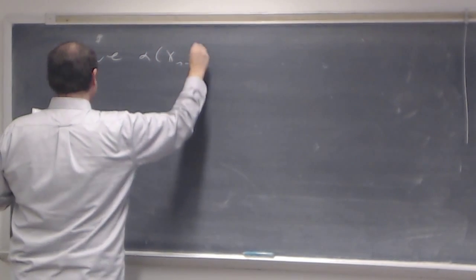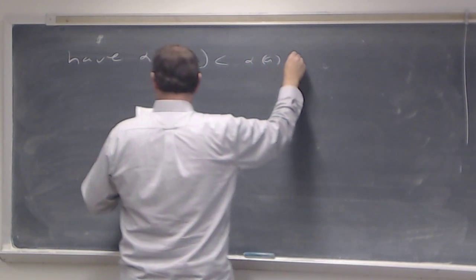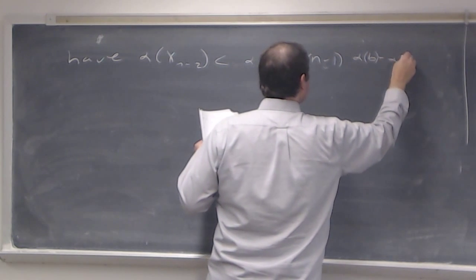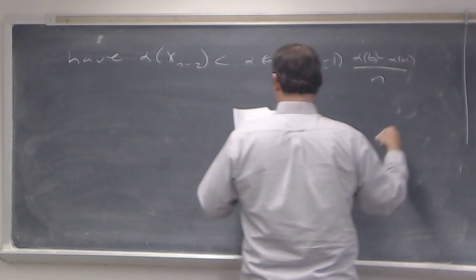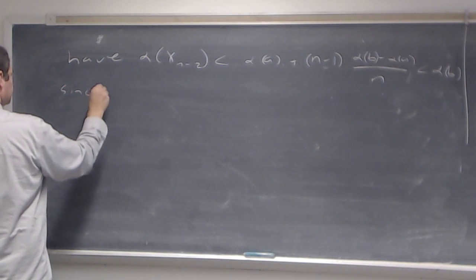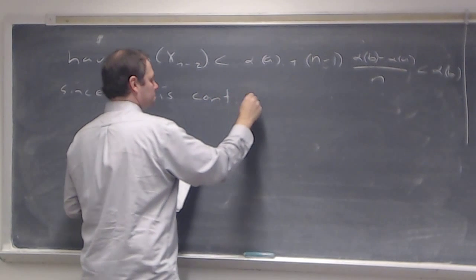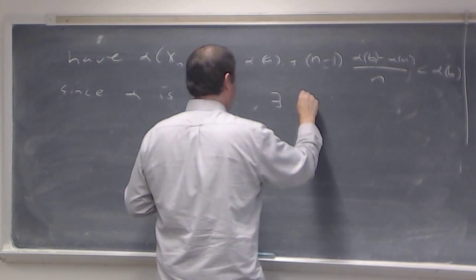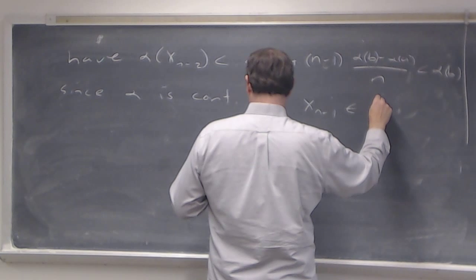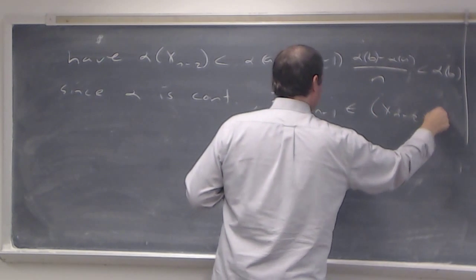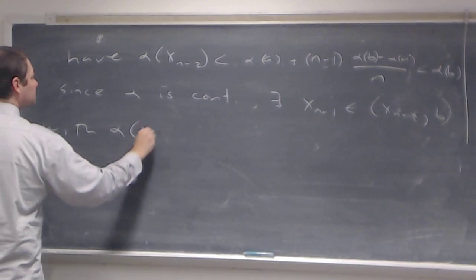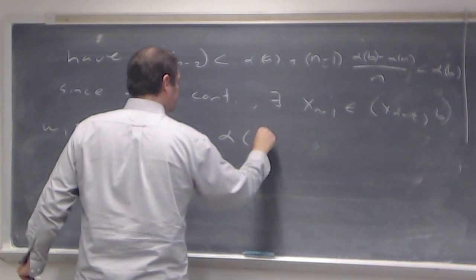alpha of x sub n minus 2 is less than alpha of A plus n minus 1 times alpha of B minus alpha of A all over n, less than alpha of B. And again, since alpha is continuous, there exists an x sub n minus 1, an element of x sub n minus 2 up to b, with alpha of x sub n minus 1 equal to this quantity.